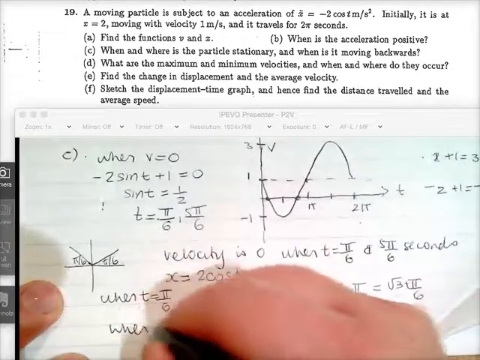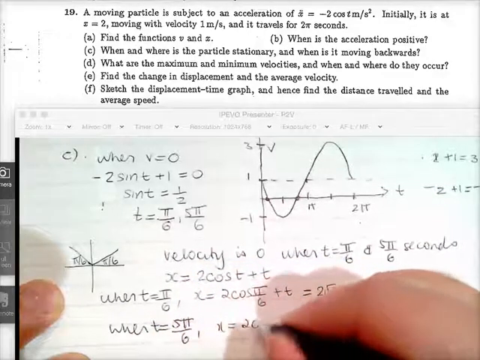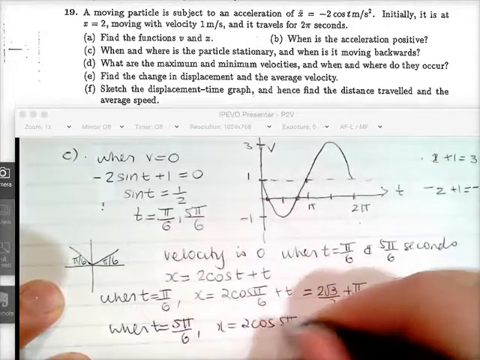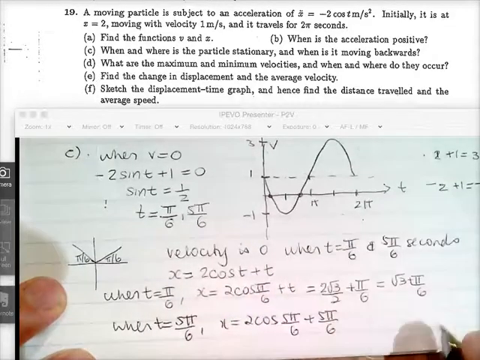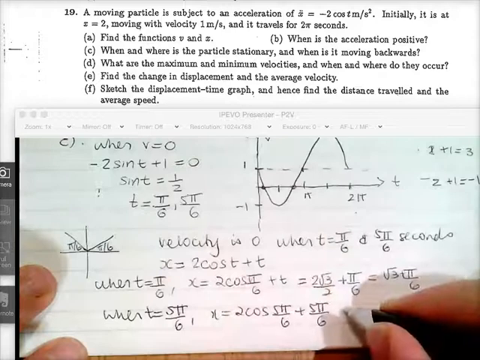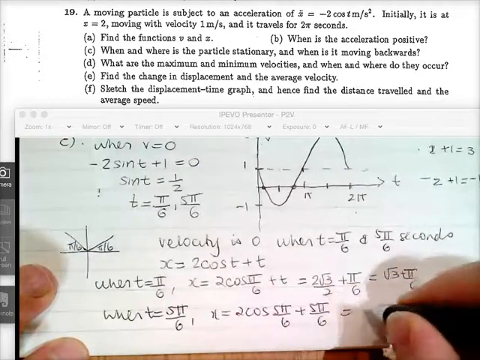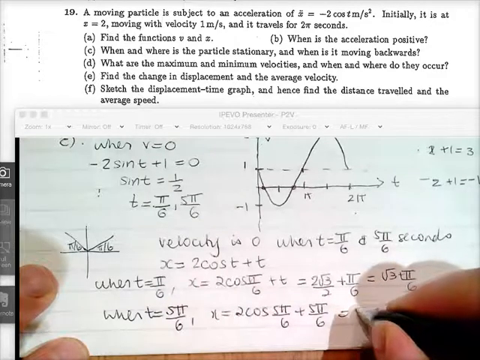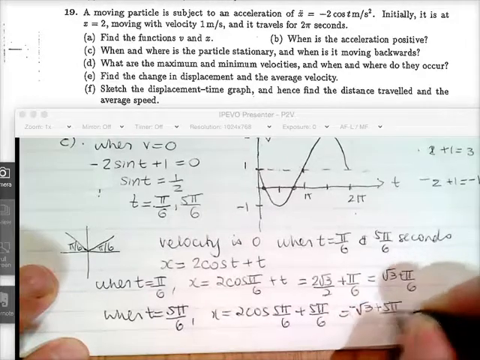And when t equals 5 pi on 6, x equals 2 cos 5 pi on 6 plus 5 pi on 6. Now that's the cos of 150, which is negative cos 30, which is negative root 3 on 2. So it's negative root 3 plus 5 pi on 6.